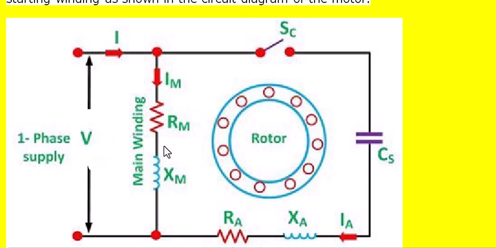The main winding is constructed with thick wire, whereas the auxiliary winding will have thin wire, meaning high resistance and low reactance, whereas the main winding has low resistance and high reactance. And this is the centrifugal switch, and this is the capacitor that is used in this motor.